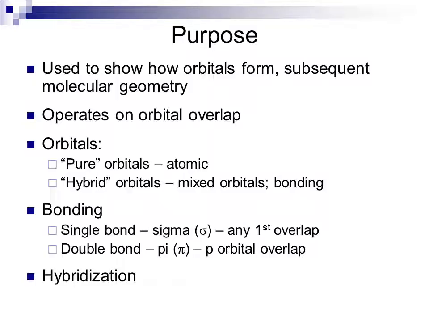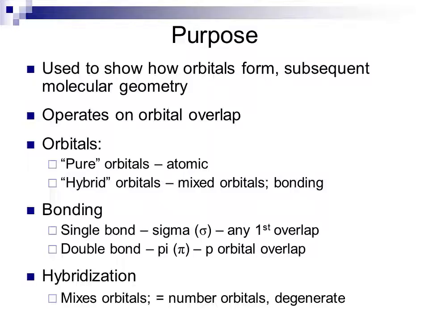Hybridization is a process by which we actually mix these orbitals together, as we said, and so getting orbitals that are not standard s or p, but have characteristics that are a mixture of, say, s and p orbitals or sp and d orbitals, depending upon what goes into the hybrid. The number of orbitals that we get out of a hybridization process is equal to the number of orbitals that go in.